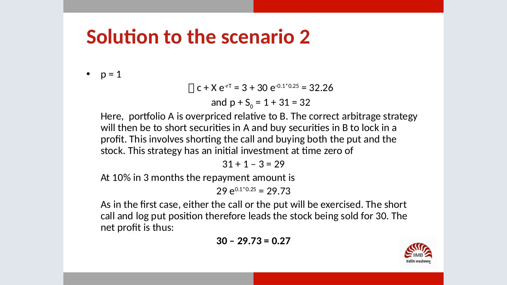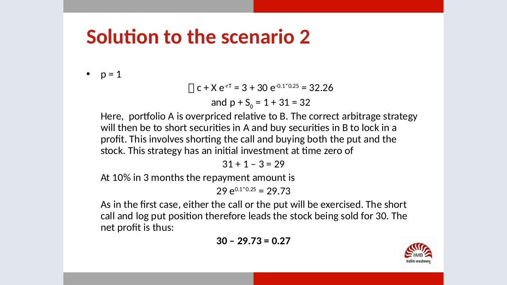How much will that cost me? That costs me 1 for the put option, 31 for the spot, for the asset, therefore I pay 32. When I sell portfolio A, I cannot sell cash, so I sell only the call option, which means I earn only $3 from there. So I need to borrow 32 to buy. I have got $3, so therefore I borrow $29.